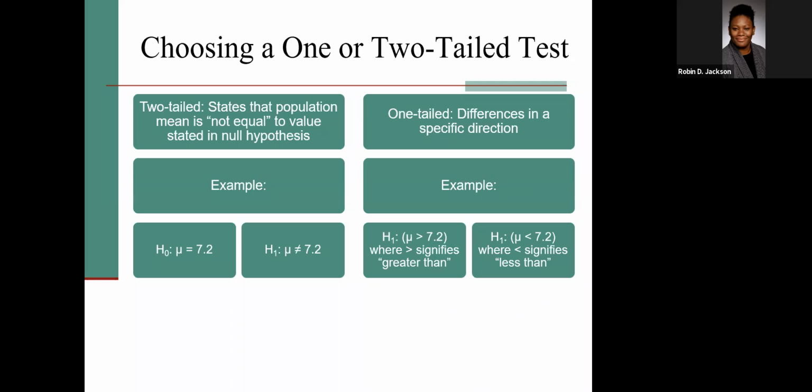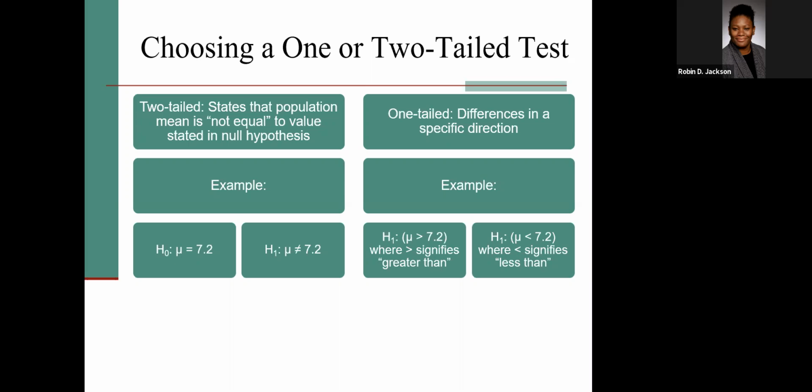If the researcher believes the true population value is greater than the value presented in the null hypothesis, then what you see on the screen, where it says H1 and then the mean is greater than 7.2, where the greater than sign signifies greater than, that's one way to write a hypothesis for a one-tailed test.